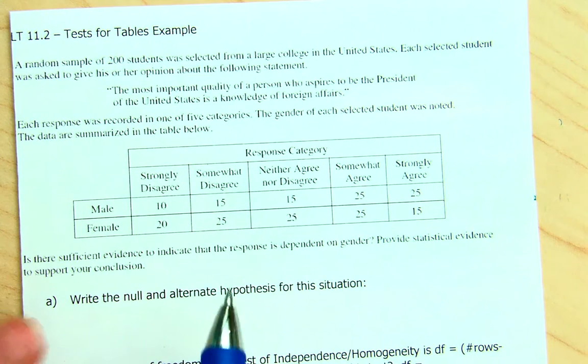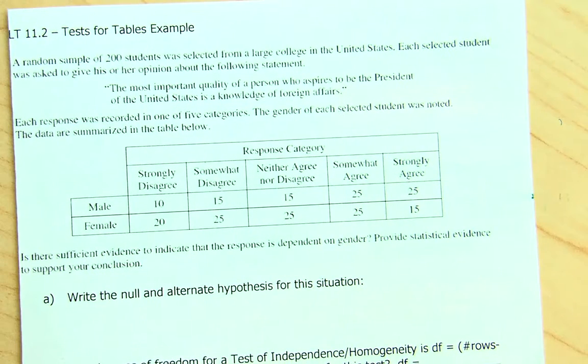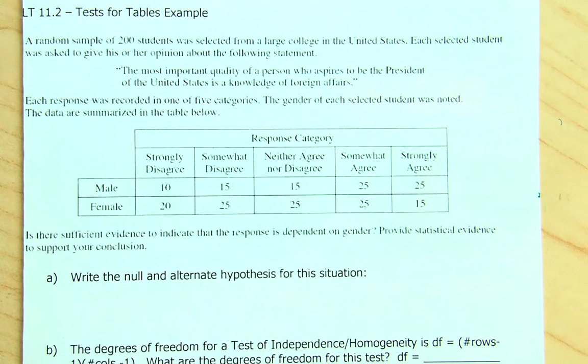Okay? So we see we have a table of values. So we have two options. It can either be independence or homogeneity. Any idea which one we have here? Independence. Good job.